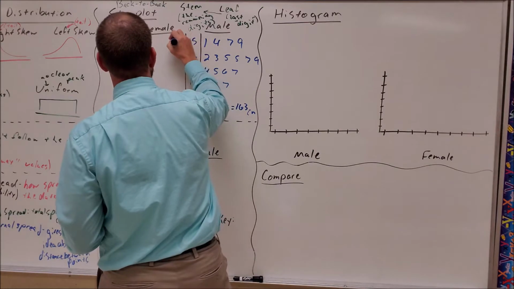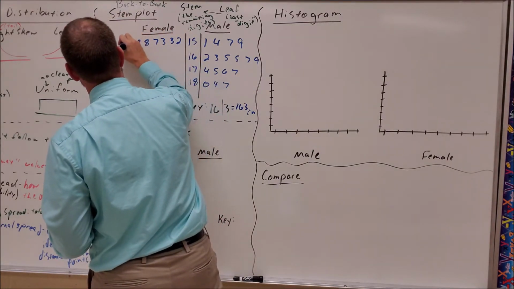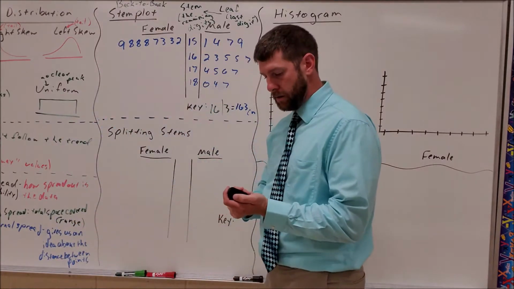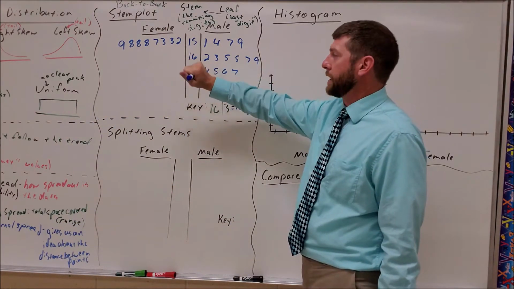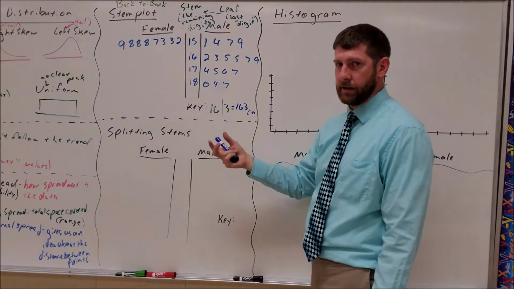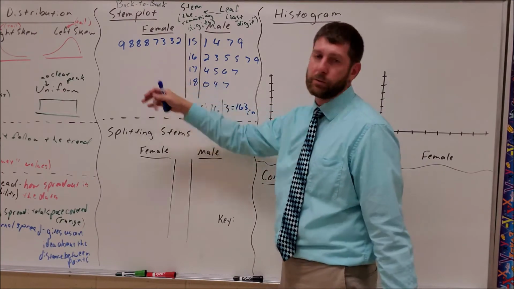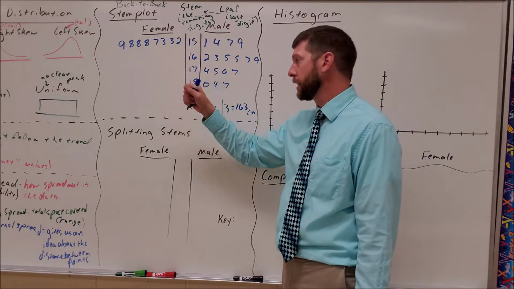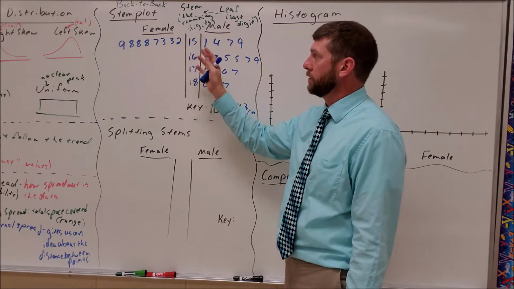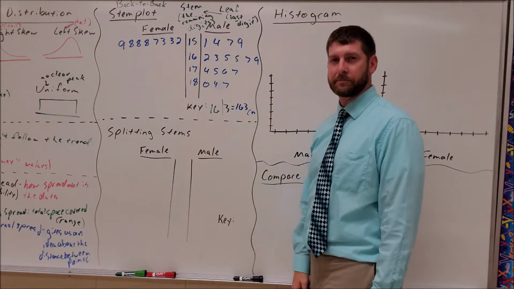So 2, 3, 3, 7, 8, 8, 8, 9. Okay? So with that in mind, I want you guys to pause it right here and take a few moments. I want you to finish filling in the 160s, the 170s, the 180s for the females on that back-to-back, so we can actually compare the males and females here in a second. So I'll wait right here for you.